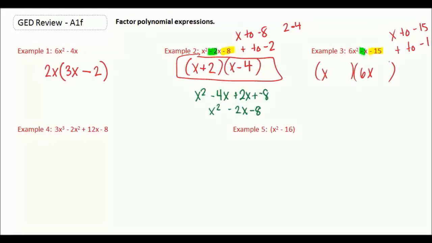So maybe we could try -3 and a +5, because those multiply to -15. But what happens is we'll get a positive 5x here and a negative 18x here, which would be a negative 13x. So that doesn't work.